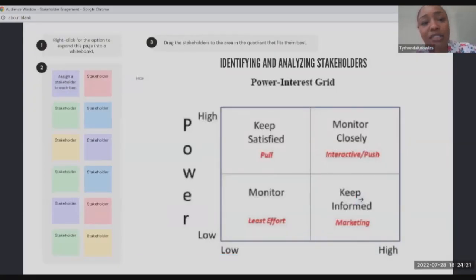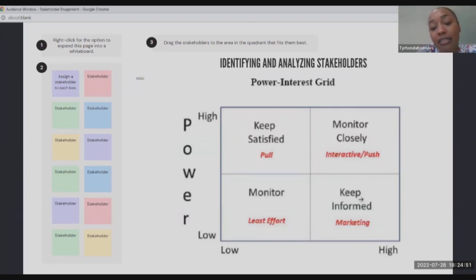So I think I spoke about this earlier when it comes to identifying and prioritizing and analyzing stakeholders. This is broken out into 4 different categories, and I'm certain you all already saw this before. It's the power interest grid, high and low interest measurements. People with high interest and high power or value, you keep them satisfied.